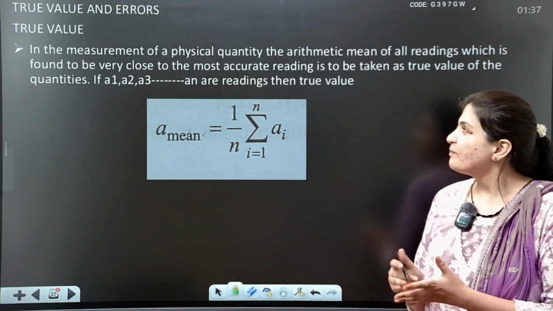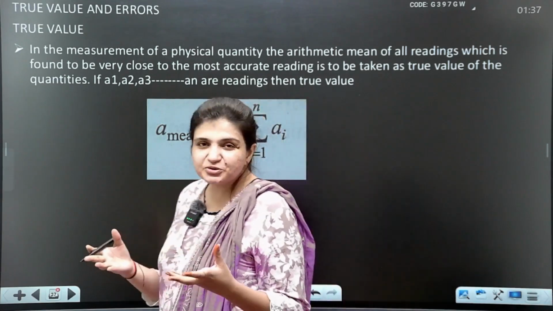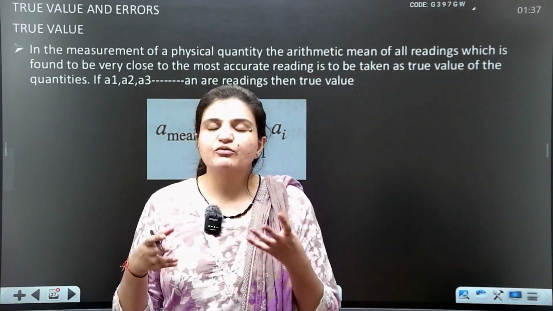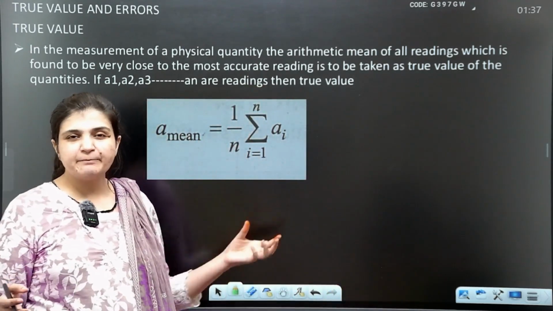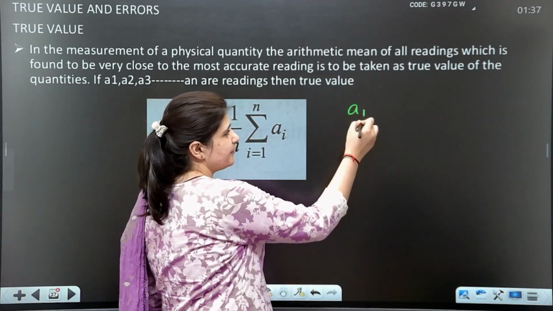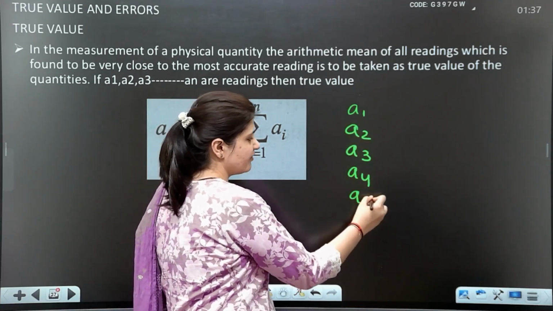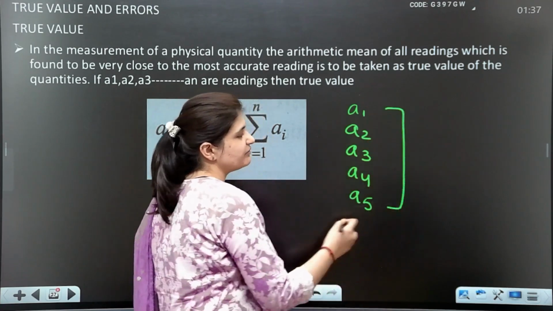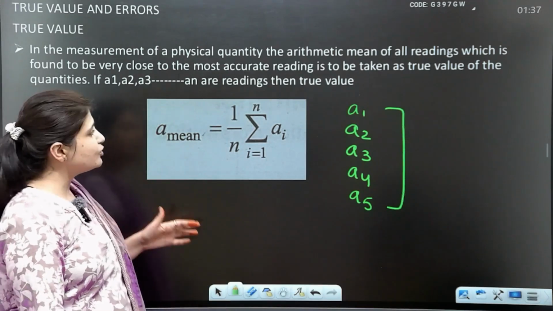Okay, students. So now true value and error. This true value I have already explained. When we are performing an experiment, we take a number of values such as A1, A2, A3, A4, A5. So what is the true value?